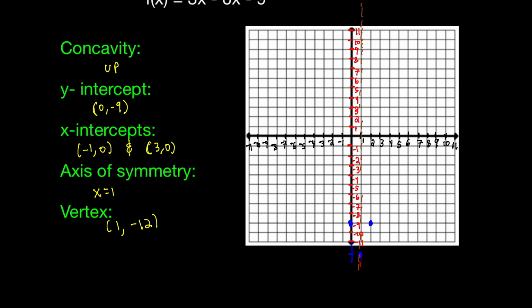Let me go ahead and plot the x-intercepts now, which are going to be at negative 1 and at 3. So negative 1 is right here on the left, and then positive 3 is right here on the right. And now I am going to connect all of the points with a curve to get the sketch of the parabola.